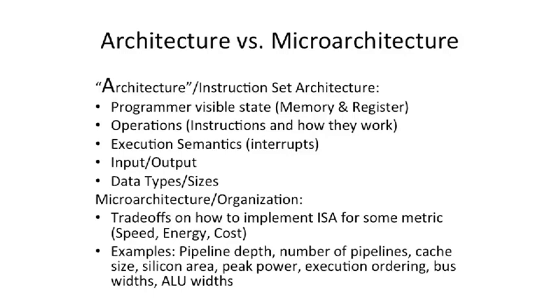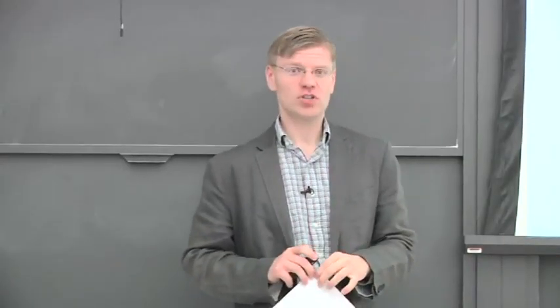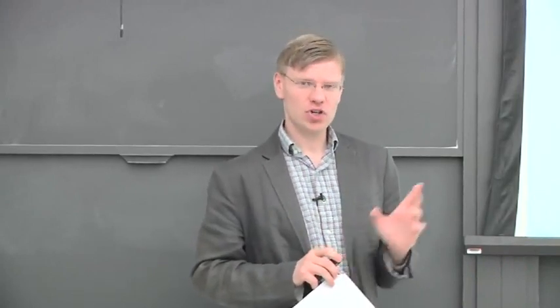So for instance, how does the machine have memory? Does it have registers? That's the programmer visible state. It also encompasses the fundamental operations that the computer can run. These are called instructions. And it defines the instructions and how they operate. So for instance, add. Add might be a fundamental instruction or fundamental operation in your instruction set architecture.